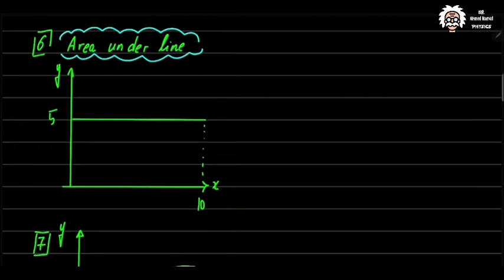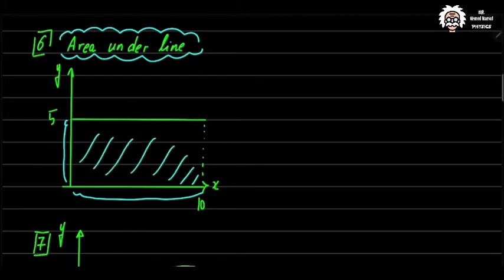The following information that we need to know also from the graph is calculating the area under the line and what this area indicates. At first, if we have a graph like this, a straight line, and the y number is 5 and the x number is 10, this shape under the line is a rectangle.